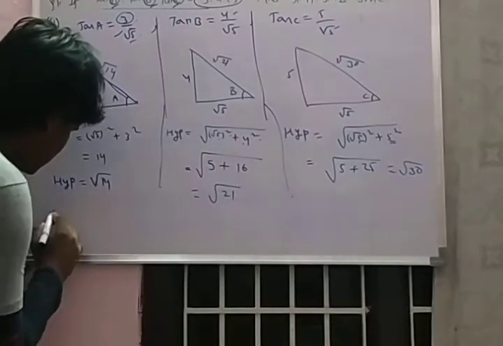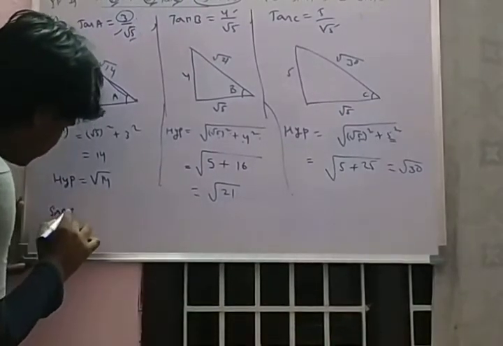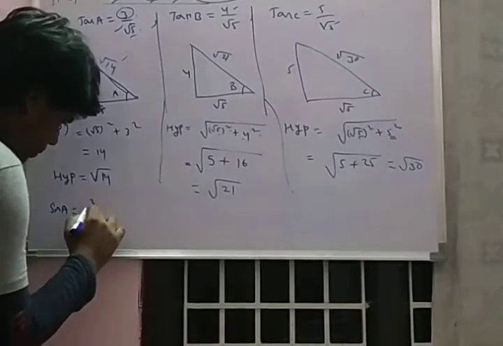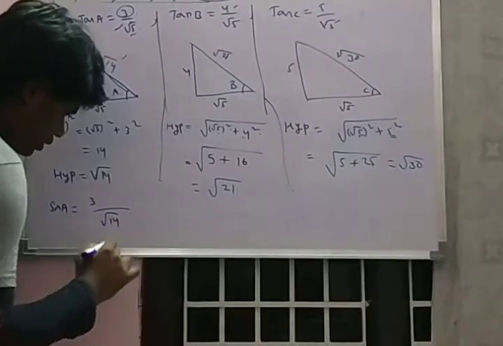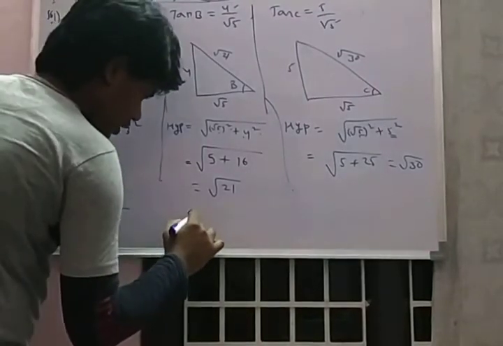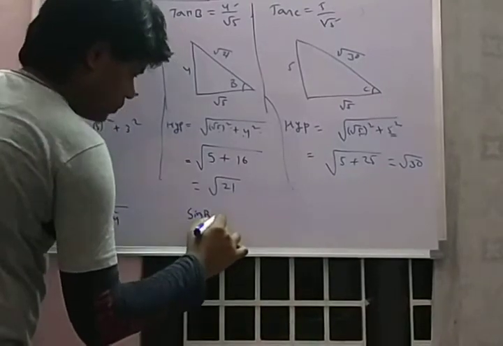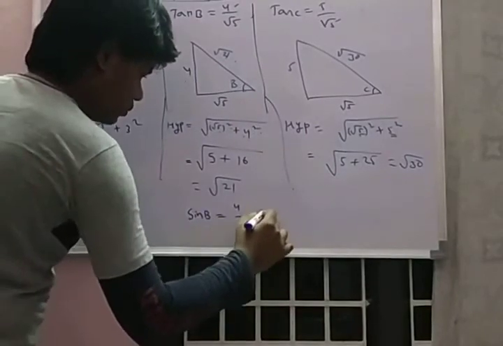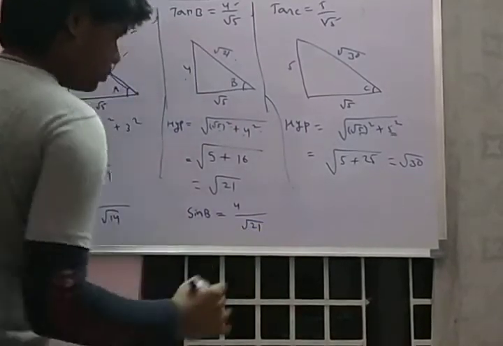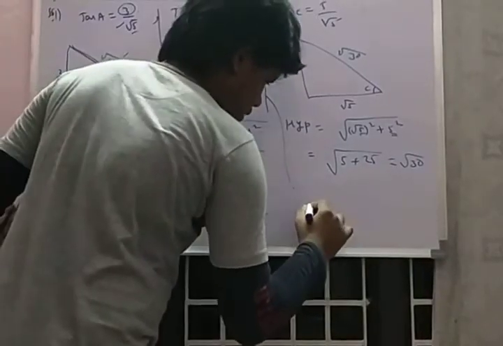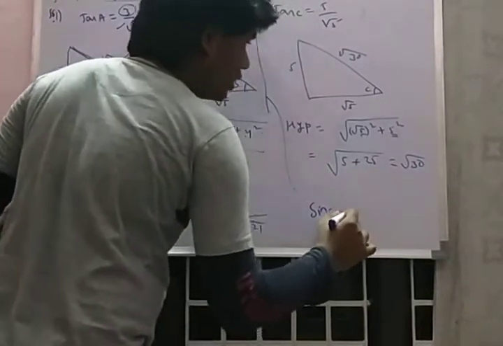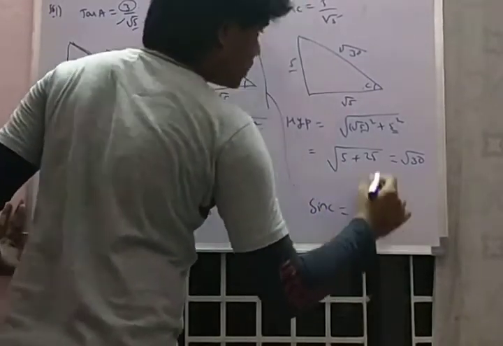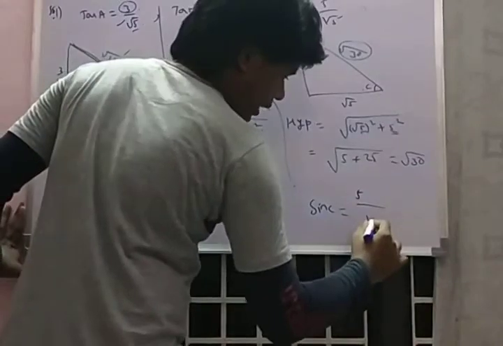So now from this, sin A is equal to opposite side by hypotenuse. So 3 by root 14, and sin B is equal to opposite side 4 by root 21, and here sin C is equal to opposite side 5 and hypotenuse root 30, 5 by root 30.